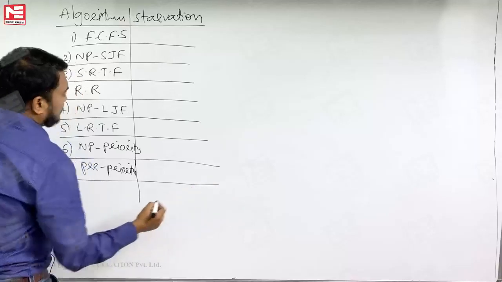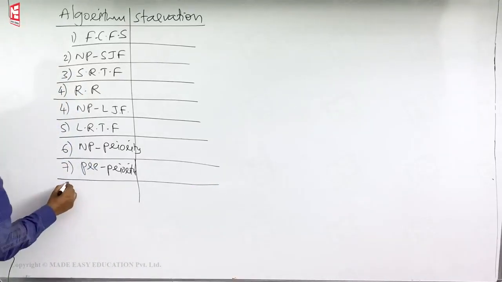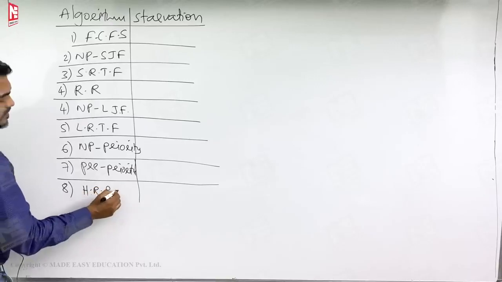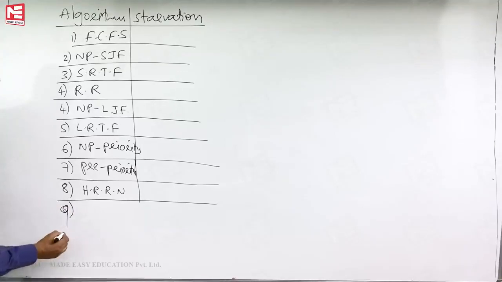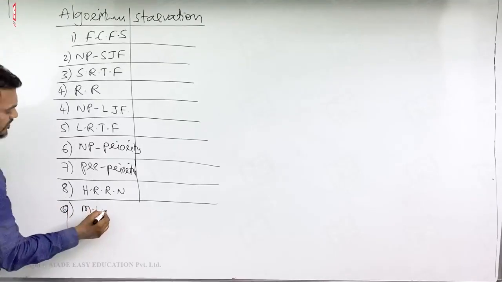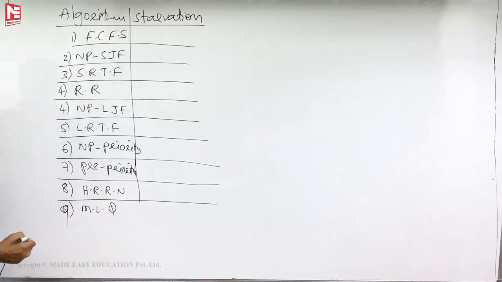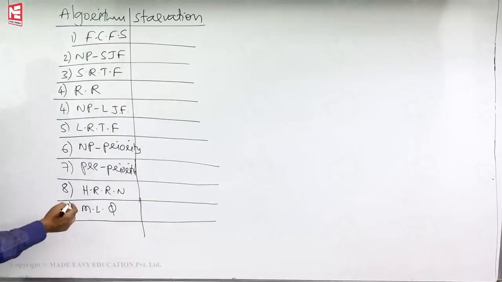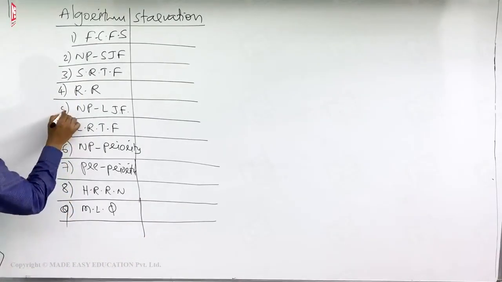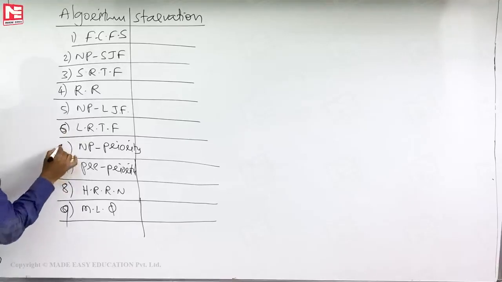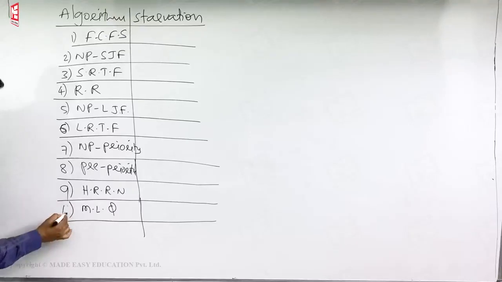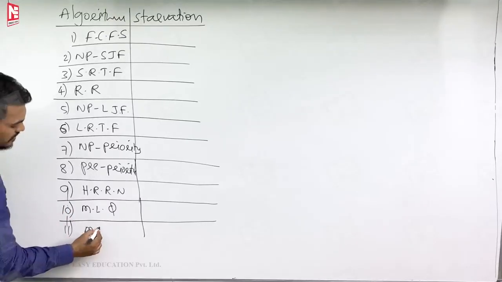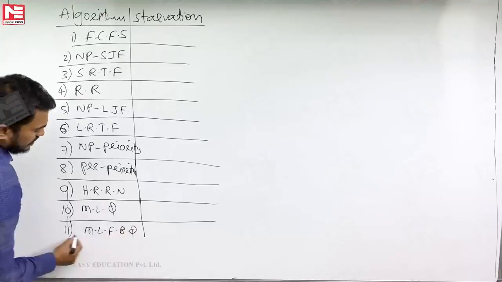Make the notes, preemptive priority, and next we studied highest response ratio next, and the next number 9 we studied multi-level queue scheduling. Oh sorry, printing mistake happened here, this is 5 6 7 8 9, 10 and 11. So last one is multi-level feedback queue scheduling.